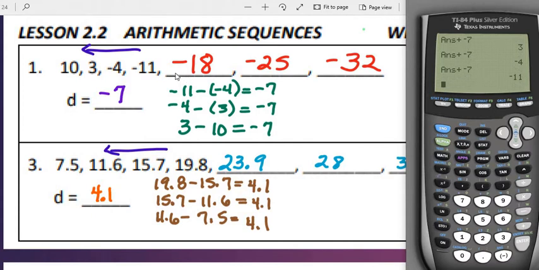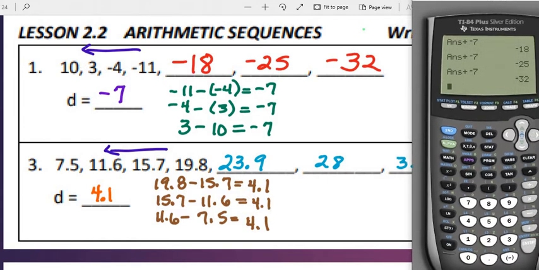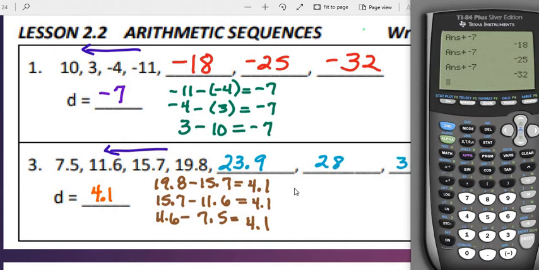Hit enter again, my next term is negative 11, and then negative 18, negative 25, negative 32, and it matches all the way up here. So I'm saying 10 plus negative 7 gives me 3, and I'm going to use that common difference all the way across. I'm going to do the same thing for this next one right here.